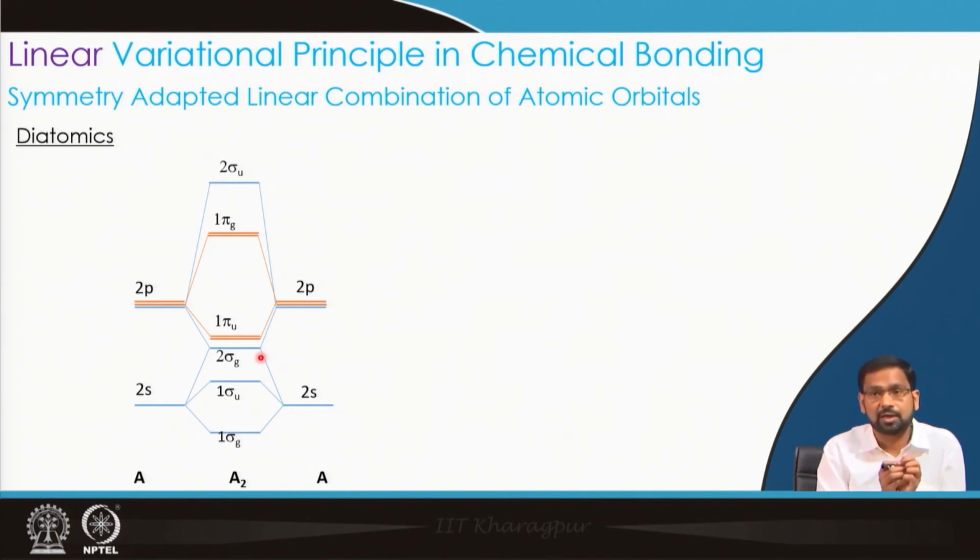Anything less than oxygen, that is nitrogen, carbon, and to the left, boron, beryllium, etc., would follow a different trend where 1 pi u is lower in energy than 2 sigma g. But their exact values have to be obtained from accurate calculation. The result of those energies would be used to draw these molecular orbital pictures.